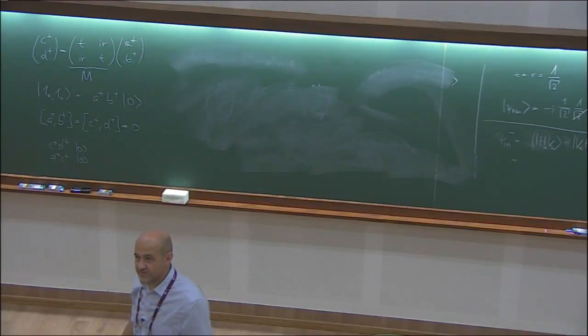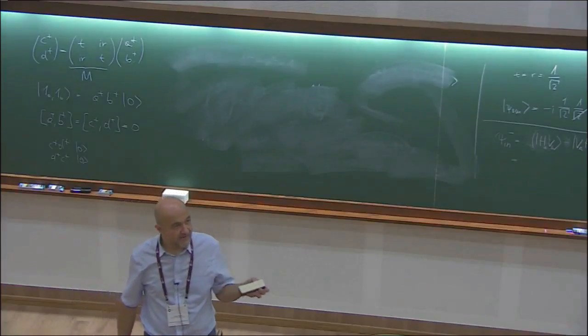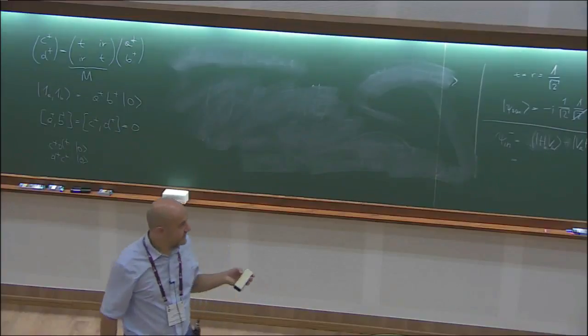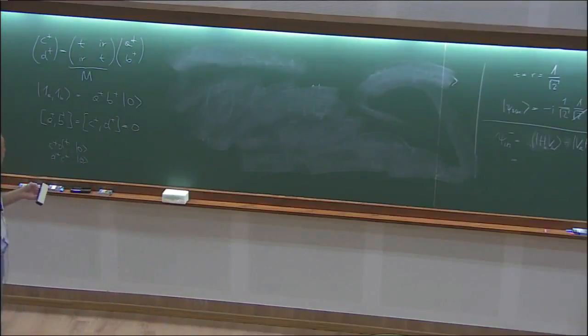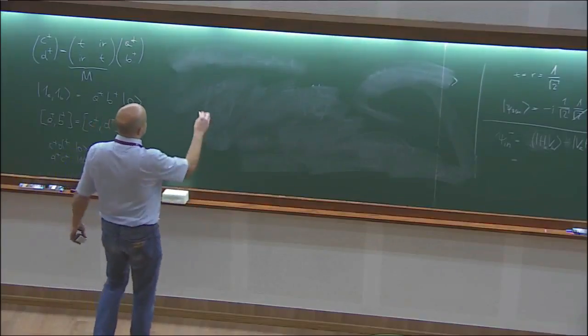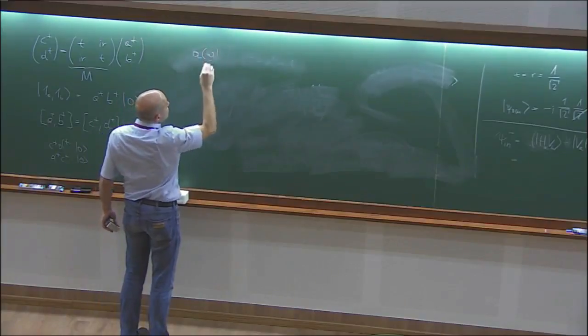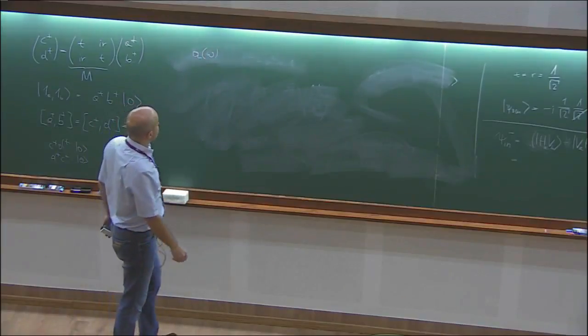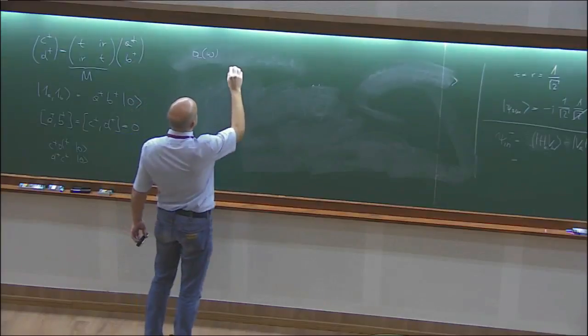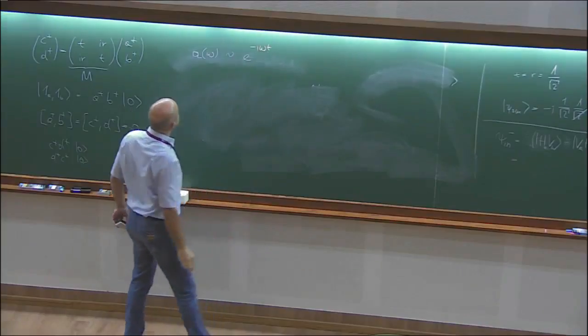So we're still talking about free modes, but exactly, I need to make these modes time or frequency dependent. The way I'm going to do this is by calling them A of omega, and they will oscillate with e to the minus i omega t.